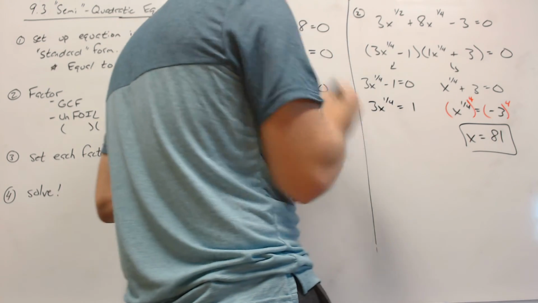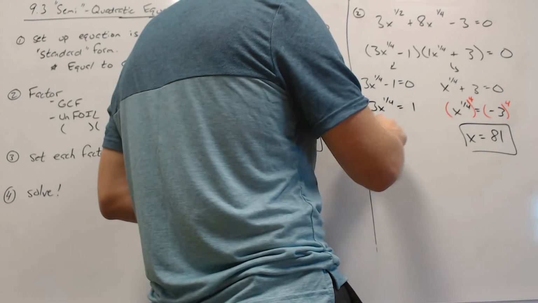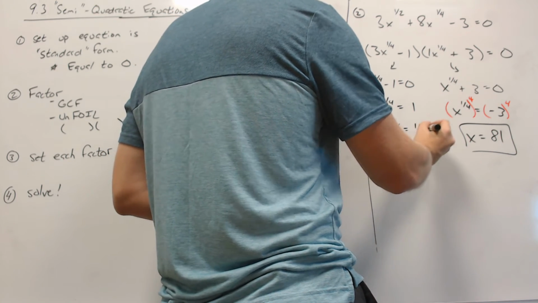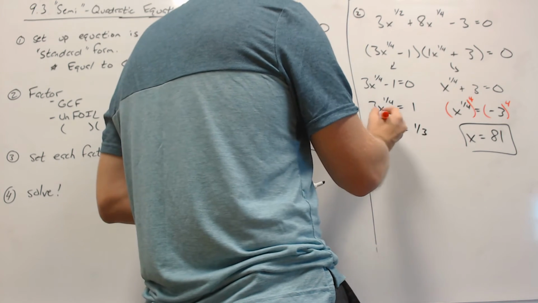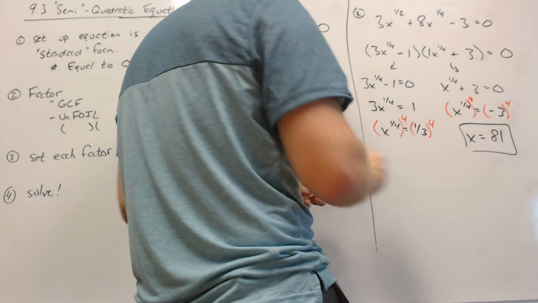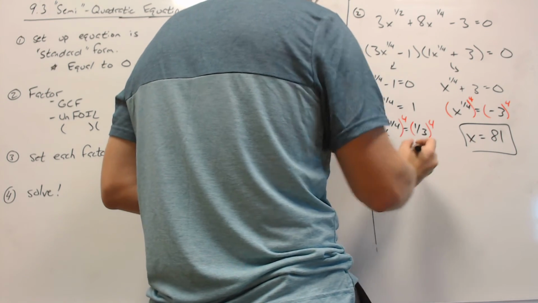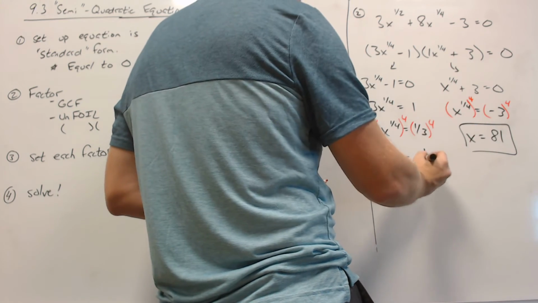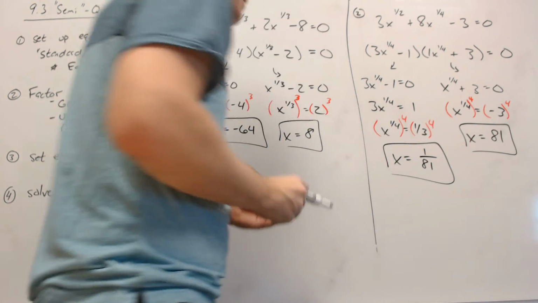Then for the other factor, add 1. Then divide by 3. And then raise both sides to the 4th. That's going to be 1 over, in this case, 3 to the 4th, which is again 81. So I think we'll have our two answers there.